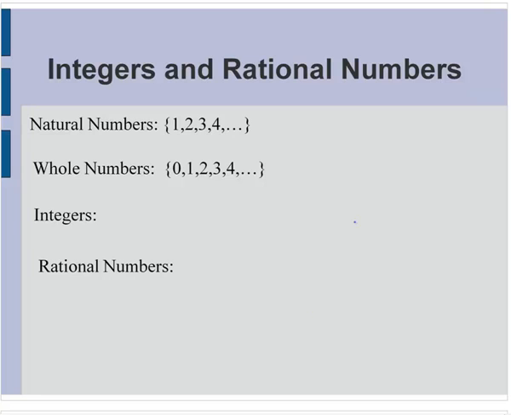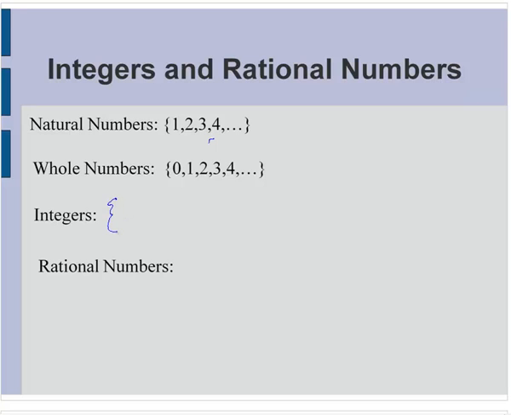All right, so now we're going to add to our sets of numbers that we have discussed in this course. Earlier in the course, we talked about the natural numbers and the whole numbers. So now we will add to this by talking about what we call the integers.